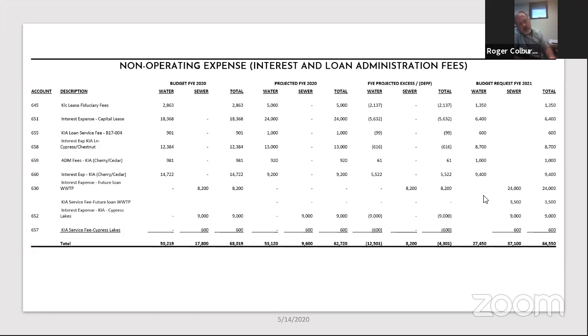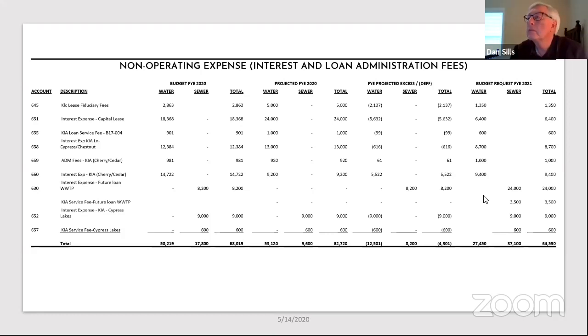But we've kind of burnt that all up, and we're down to the point now where we're in the borrowing mode for most of our major capital projects, and that's not going to change for the foreseeable future if we continue to do these projects. So that's something that we'll need to consider on how we deal with that. I don't think that's a bad thing, particularly in a low interest rate environment. When you get into a higher interest rate environment, it may change your philosophy on that.